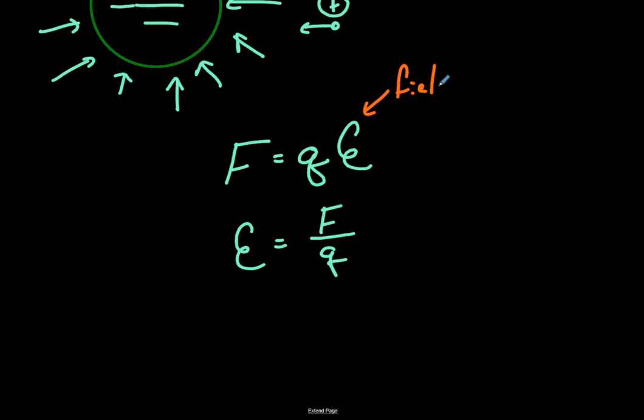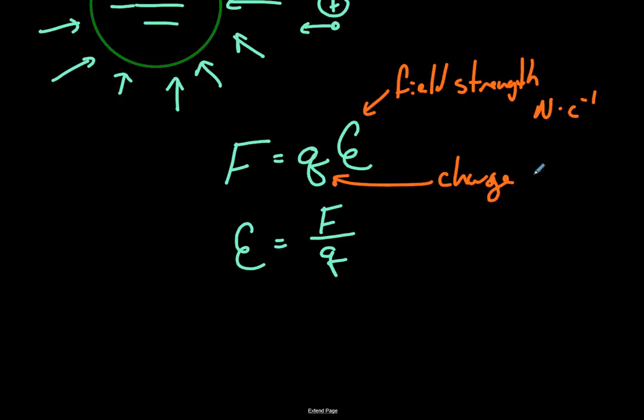This is field strength, measured in newtons per Coulomb. This Q represents charge, measured in coulombs, and this is force, measured in our old friend newtons. If we know the field strength, we could say for every Coulomb I'll get this much force. Or if I have this much force for this many coulombs, I must have a field strength that's this strong.